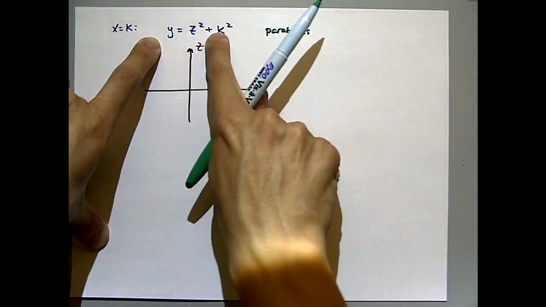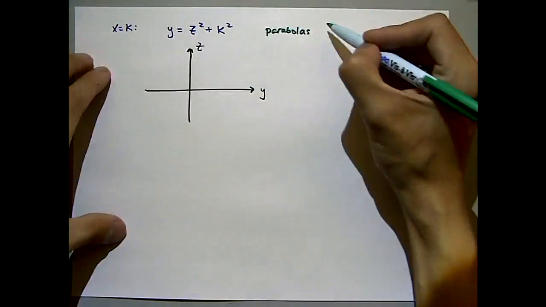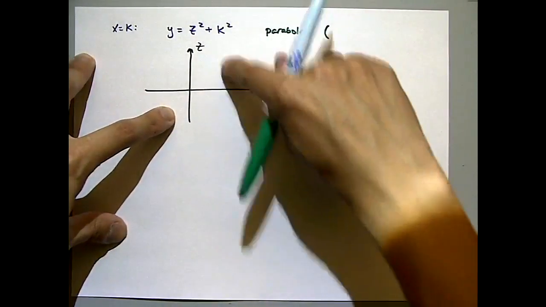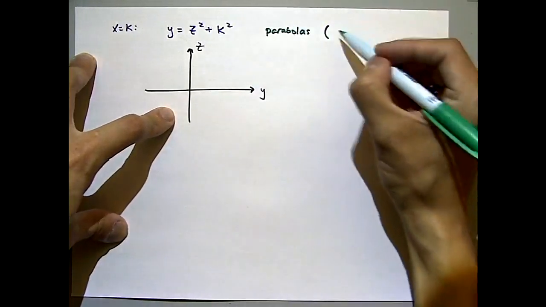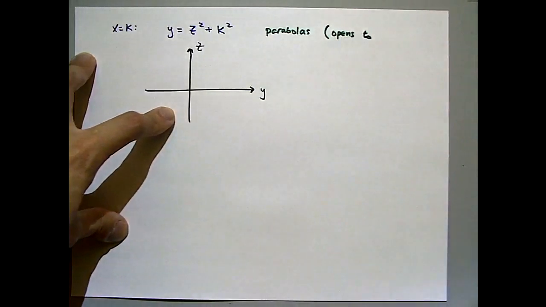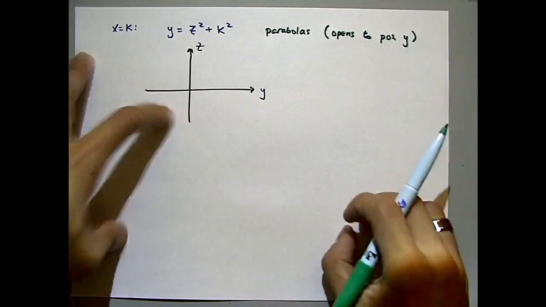Y is equal to z squared means that you have symmetry with respect to z. So this opens to the right, to be more precise, positive y direction.